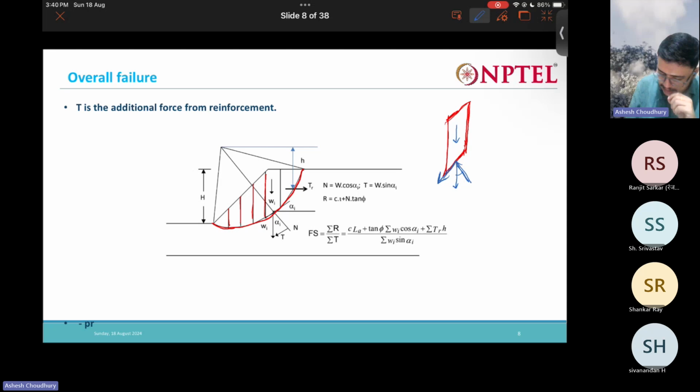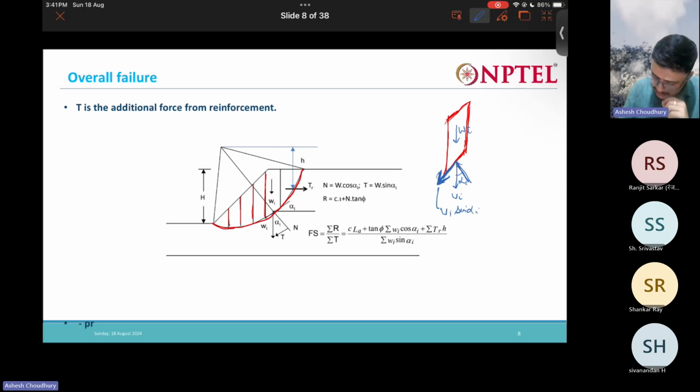If this angle is alpha and this weight is Wi, what is this? Can you tell me? If this is Wi and this angle is alpha, then this is Wi sin alpha, right?